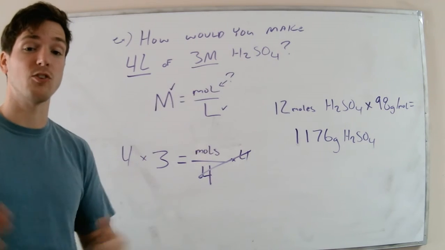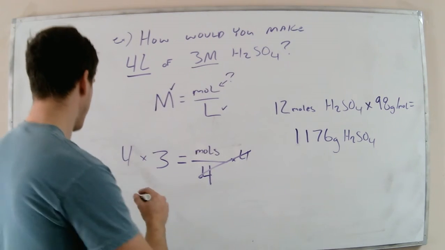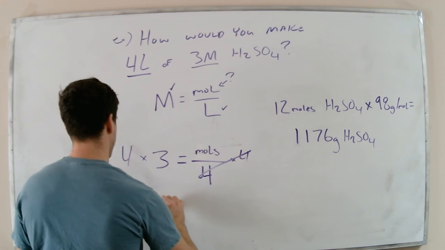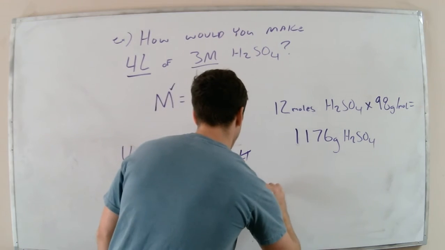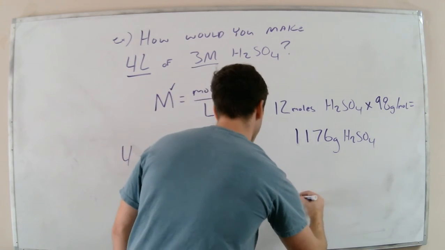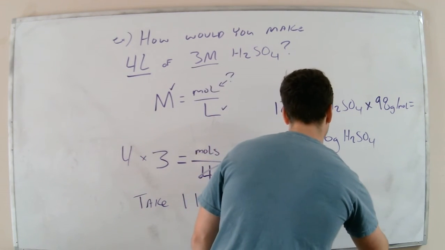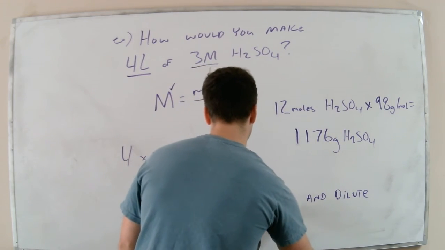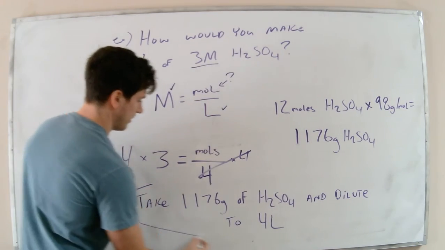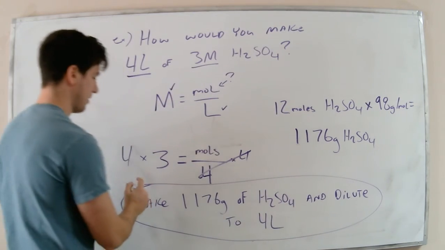So when I ask you how am I going to make the solution, you're going to say take 1,176 grams of sulfuric acid and dilute to 4 liters, right?